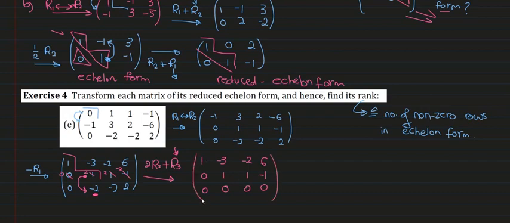And therefore, what we have reached is as follows. The first main diagonal element is 1. Below it, zeros. Very well. The second main diagonal element is 1. Below it, zeros. And the third main diagonal element is 0, so we are not interested in it. We will ignore it. This means that we are in echelon form. But we needed the reduced echelon form, right? So we need to eliminate that -3 because it's in a column where the main diagonal element is 1.